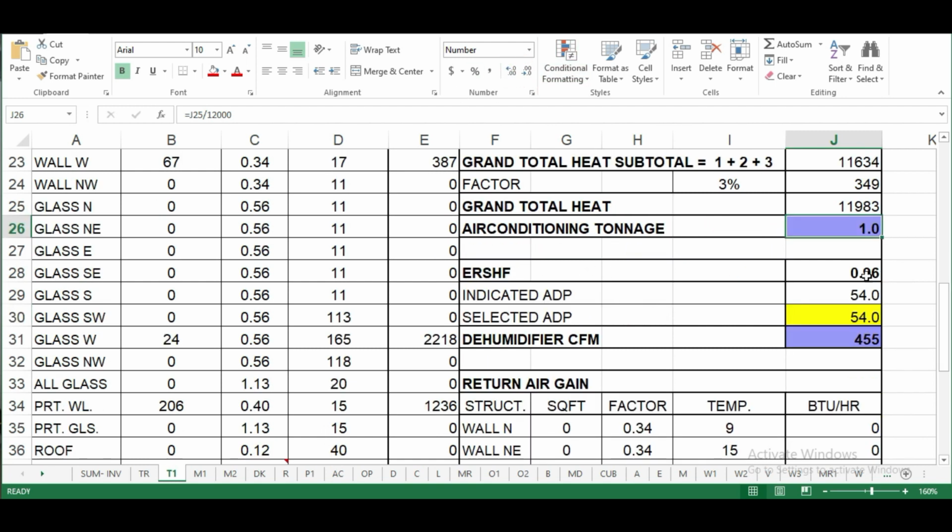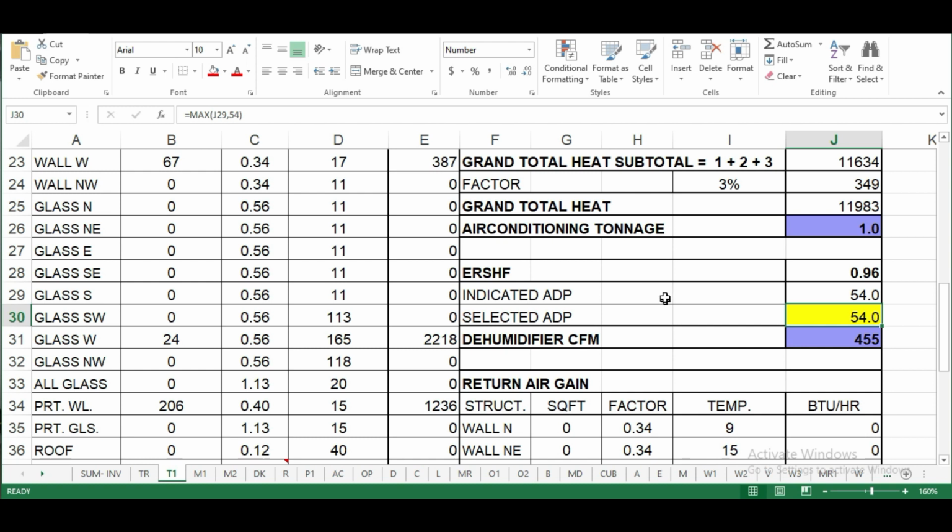Next is ADP. First, as you see over here, this is the indicated ADP and this is the selected ADP. Basically, there is a chart to select what ADP to be considered, what ADP to be assumed. From that chart, for this condition we have come to 54. If you need that chart, let me know in the comment. I'll provide it in the comments, also in a separate video, for your easiness on how to select that.